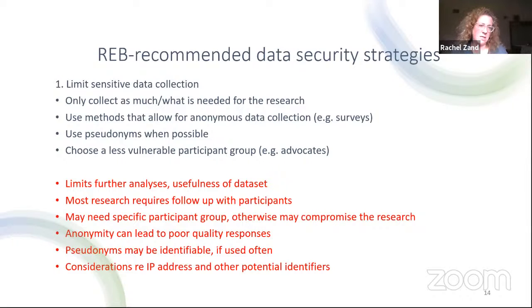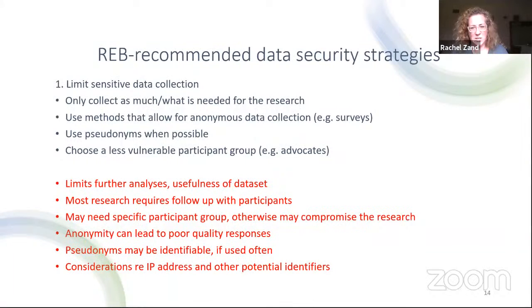So an example of this is survey research that has a gift card for participation. A lot of the MTurk research, for example, participants may skip all the questions or answer them very cursorily to get to that gift card. Pseudonyms may be identifiable if used for many purposes.